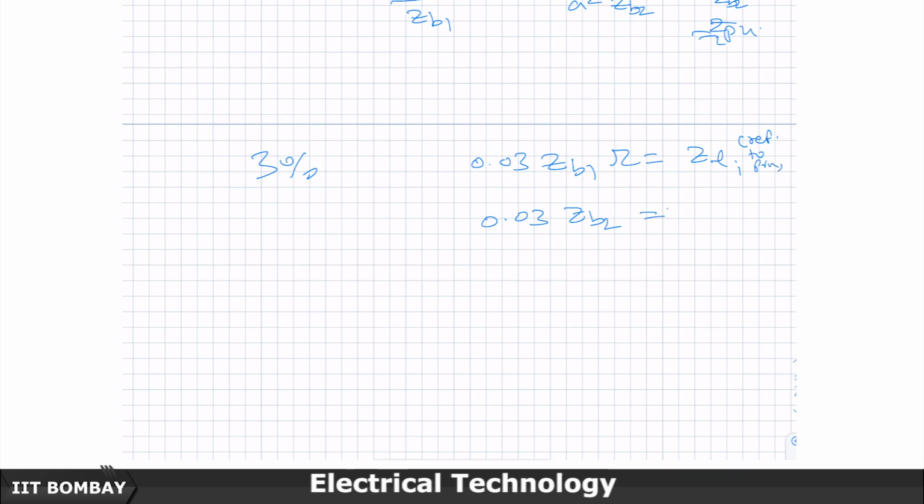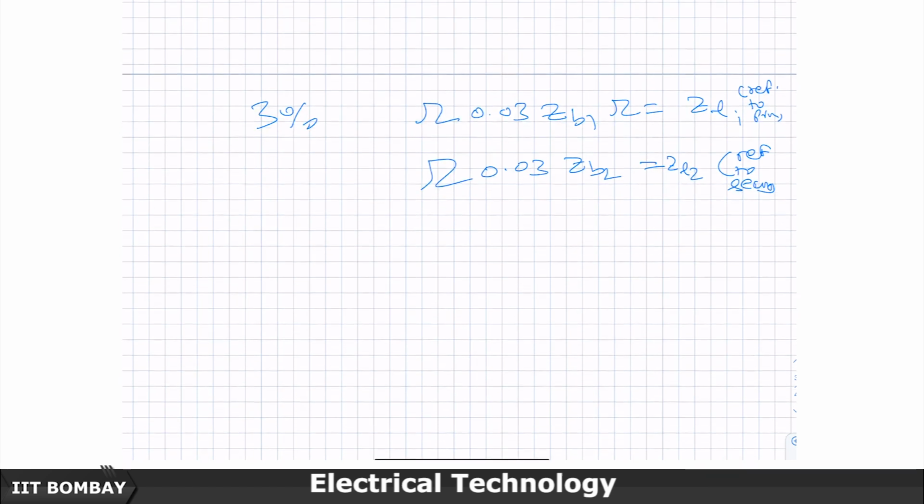If you are taking all calculations referred to the secondary side, then 3% will be 3 by 100, 0.03 into ZB2, the base impedance value. Take this as the actual impedance in ohms referred to the secondary. But if you are doing it in per unit only, just write this as 0.03, and just write that the other transformer was having an impedance of 0.04.